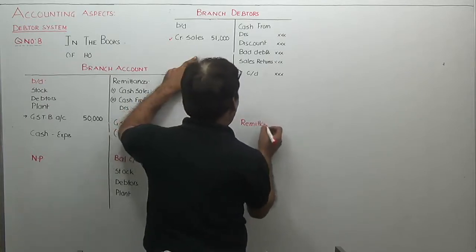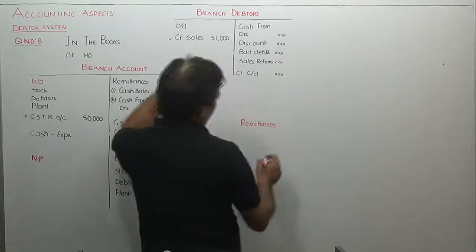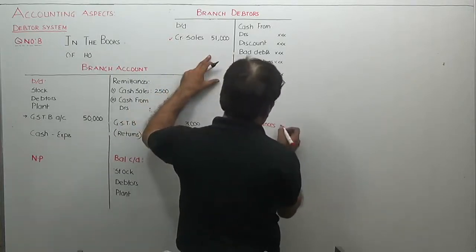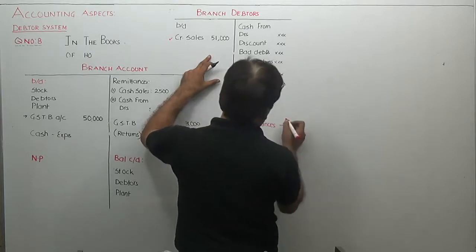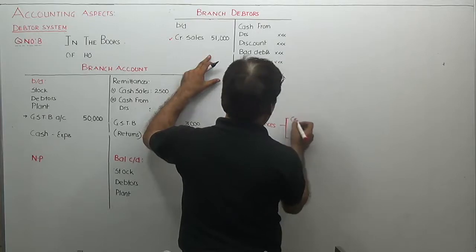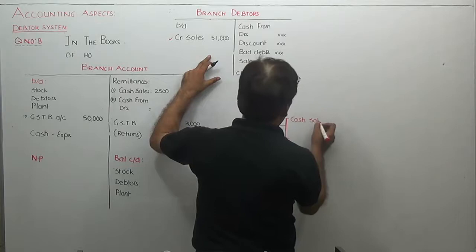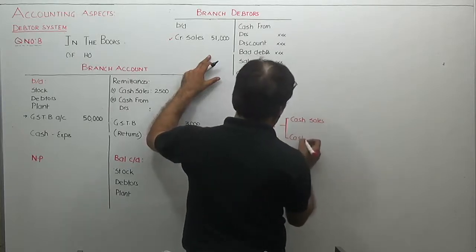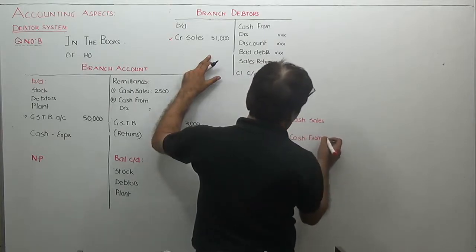We are very well aware that remittances has two components: cash sales and cash received from debtors.